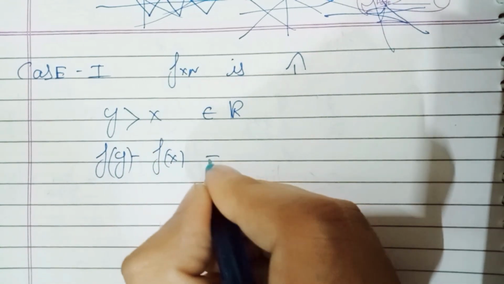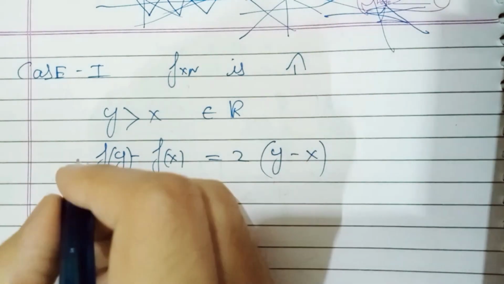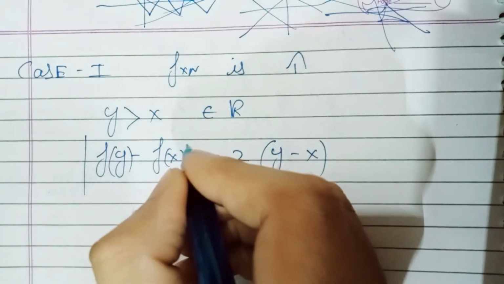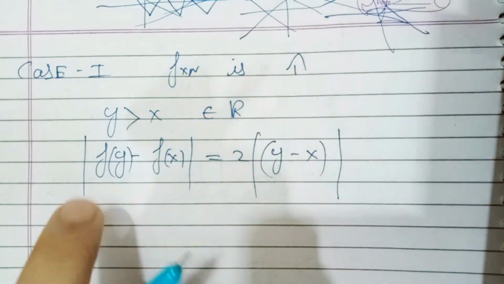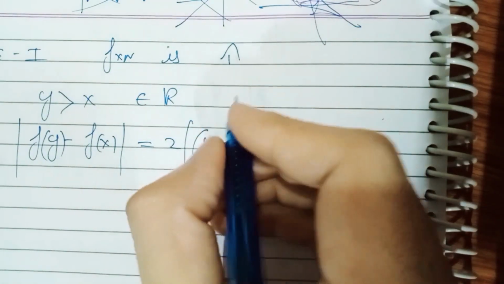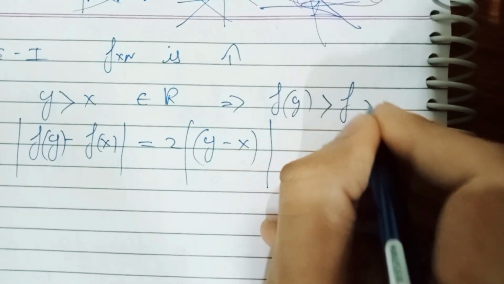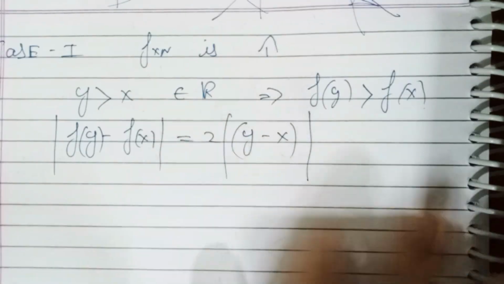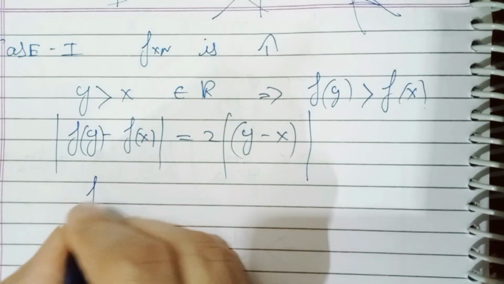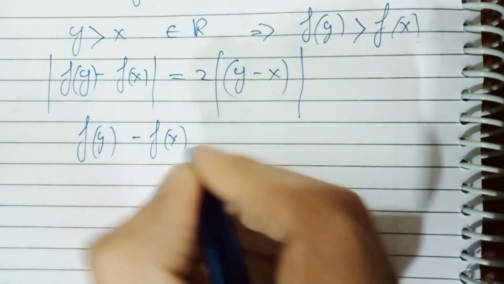This was the condition, but now since the function is increasing, this would imply f(y) is strictly greater than f(x). So I can remove the modulus signs. Then I can divide by y minus x, and this is equal to 2.